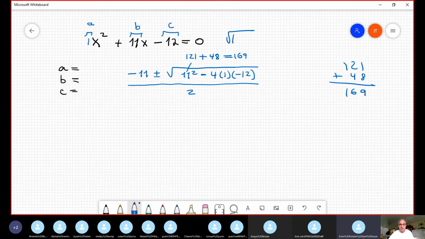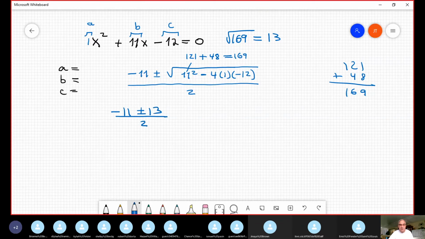And the square root of 169, do you know it by memory or no? No, I don't know. It is 13. Very well. So far we have negative 11 plus or minus 13 divided by 2.